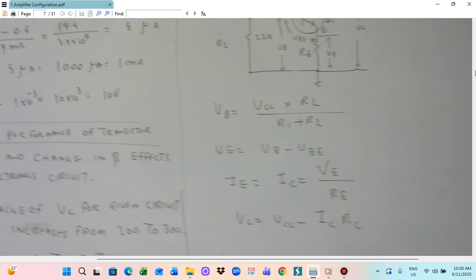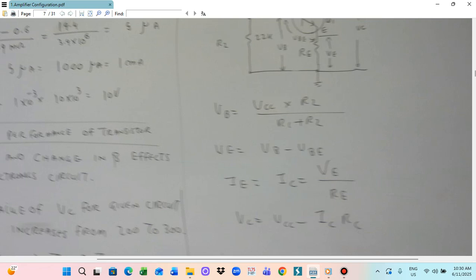So for the potential divider biasing, R1 and R2 are the biasing resistors, VCC is the supply voltage, VC will be the collector to ground voltage, VB will be the base to ground voltage, VE will be the emitter to ground voltage. Those voltages can be calculated by those formulas.